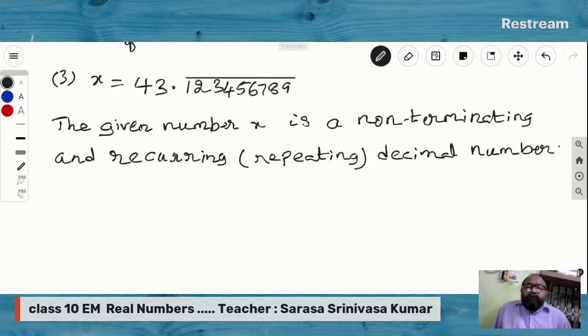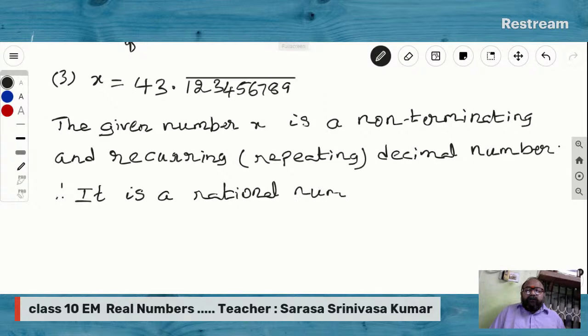We know that a non-terminating and recurring decimal is a rational number. So the given number x is a rational number.